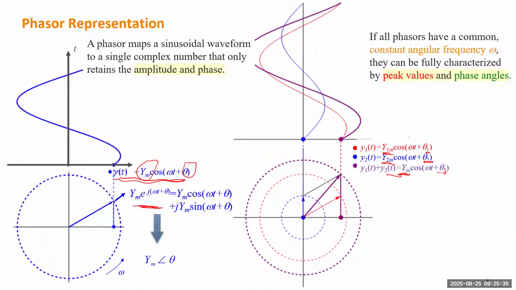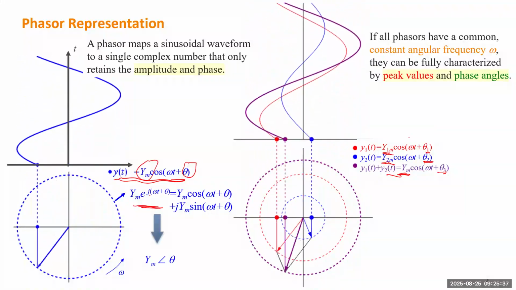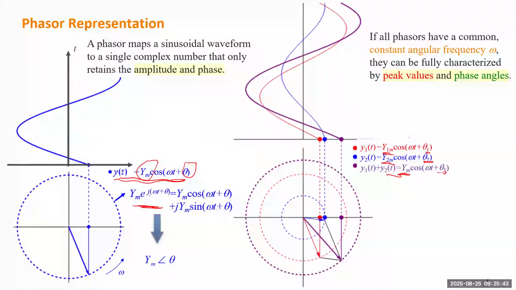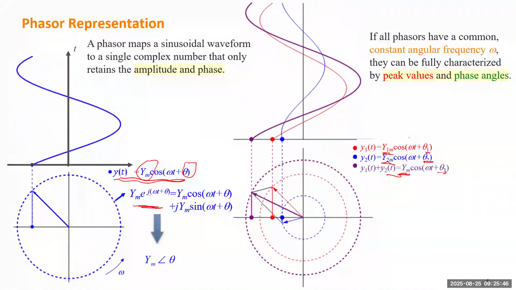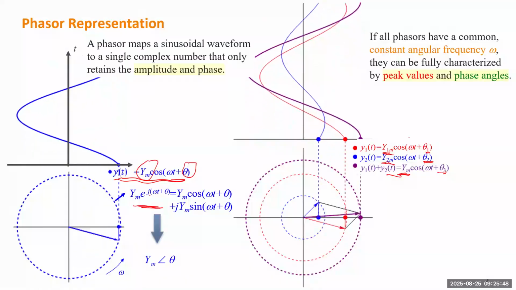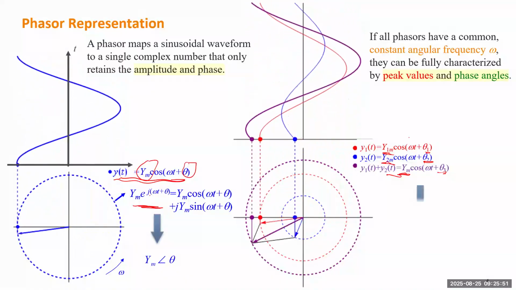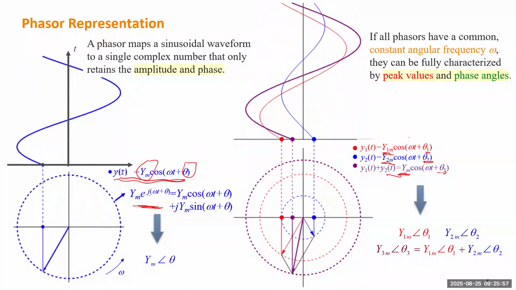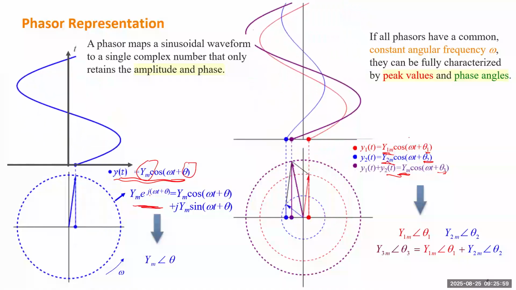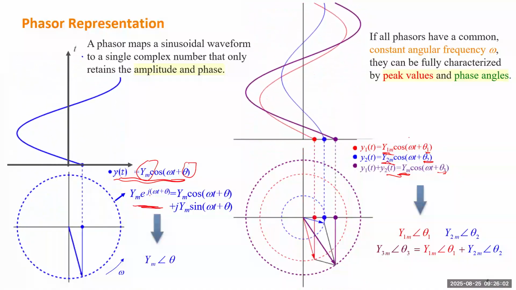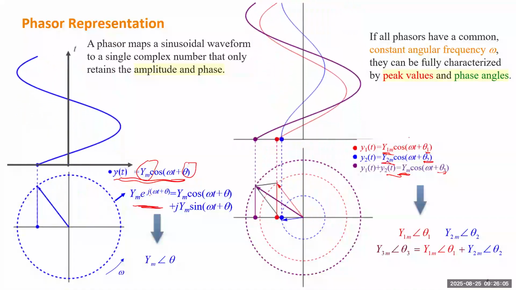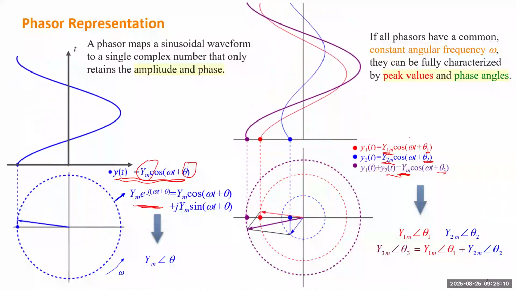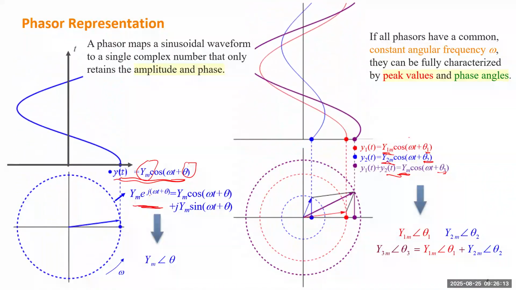We don't worry about the starting time, but we put the angle there, as long as all the waveforms are relative to the same starting time and keep their relative positions. For the second case, we have 3 complex numbers: if the first one plus the second one equals the third one, that can be calculated simply by adding complex numbers, instead of adding the first and second waveforms point by point to get the third one.